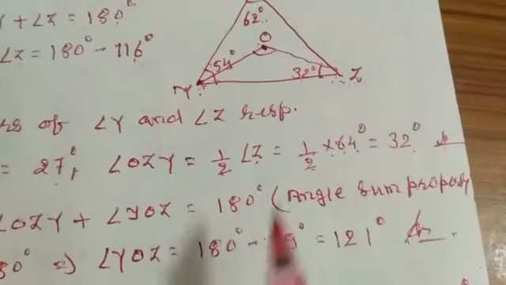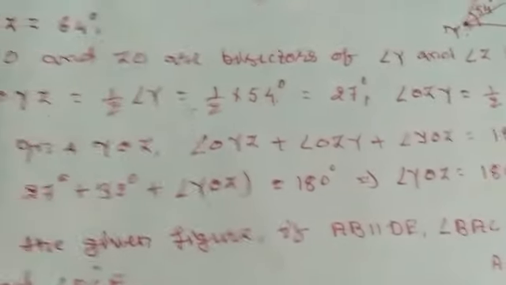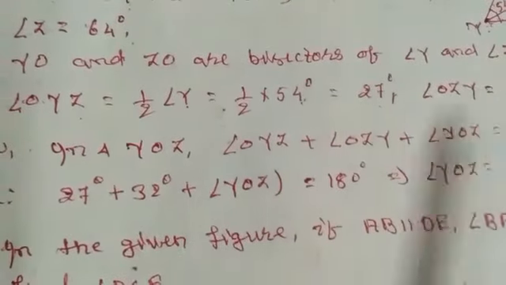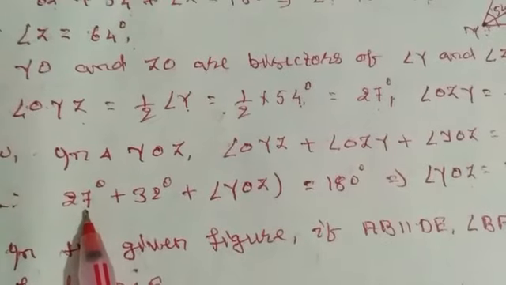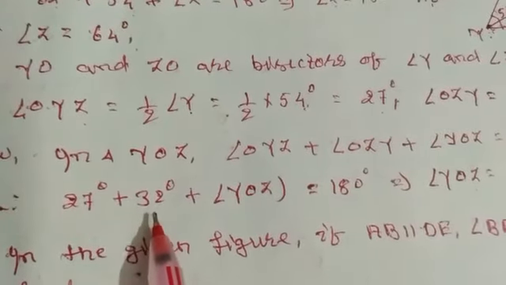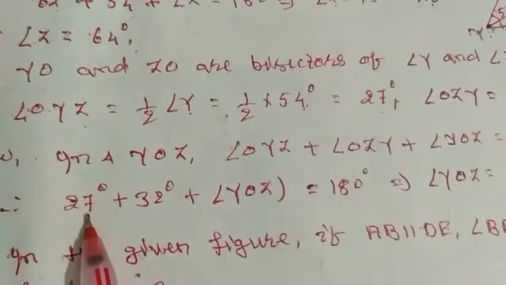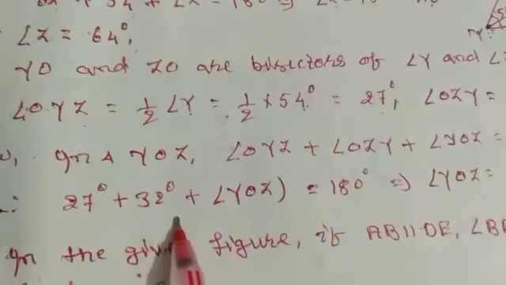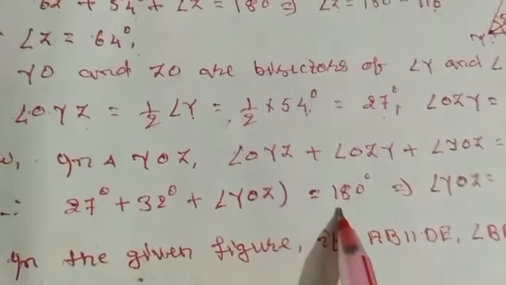This is the angle sum property of triangle. Now we have the value of angle OYZ is of 27 degree and angle OZY of 32 degree. So, 27 degree plus 32 degree plus angle YOZ equals to 180 degree.